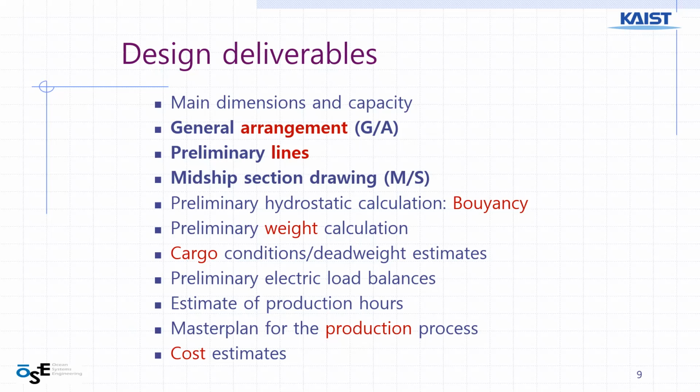Then it can go further down into cargo condition, deadweight estimation, electrical load balancing, production hours. That is how many days can be required to construct one ship. That is important for the shipbuilding company and also the owner, the customer who ordered and requested to build a ship.